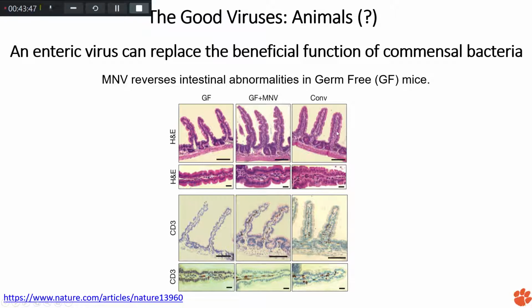Each of these villi is lined by hundreds and thousands of individual epithelial cells. If you look right here, the pink part is the cytoplasm, and the dark bluish part is the nucleus.